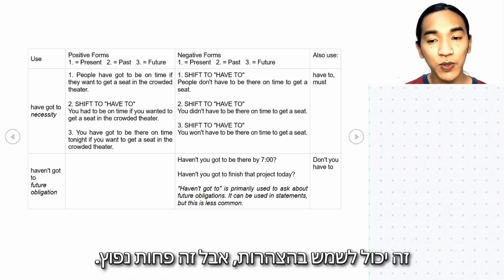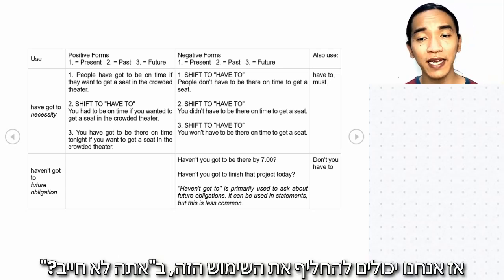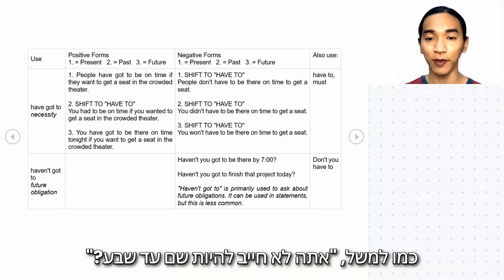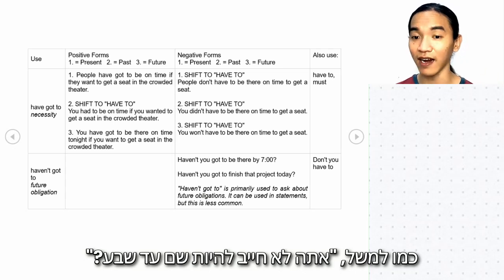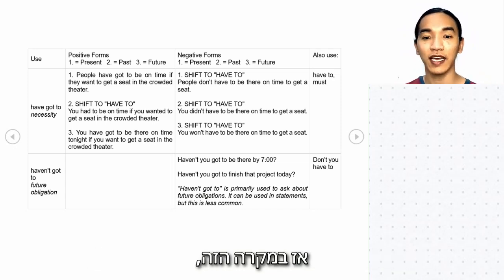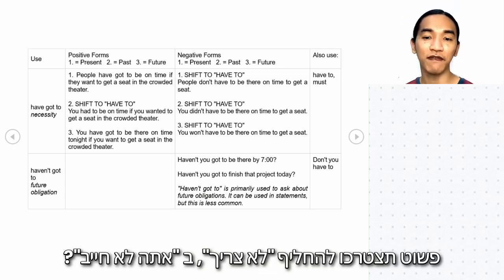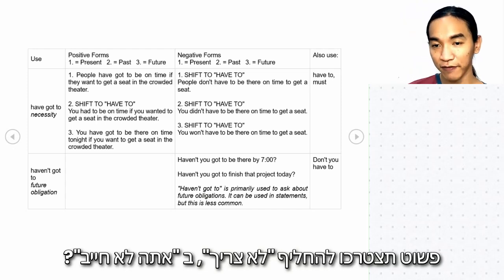It can be used in statements, but this is less common. So don't you worry, since this is less common, we can replace that using don't you have to. For example, don't you have to be there by 7? Don't you have to finish that project today? So in this case, you would just replace haven't you got with don't you have to.